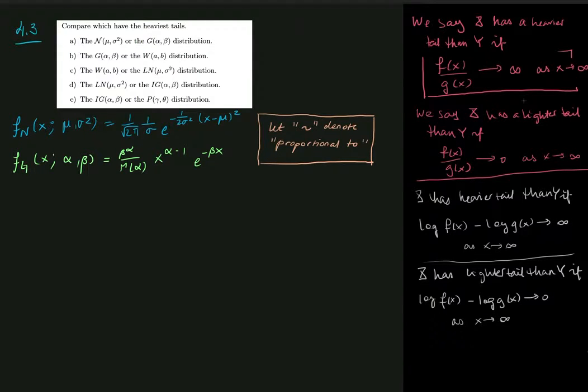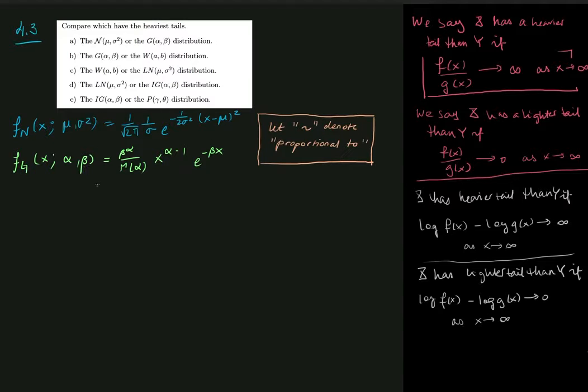Now let us try to compare the tails of the normal distribution against the tail of a gamma distribution. What I have written down here is the density for a normal distribution and the density for a gamma distribution.